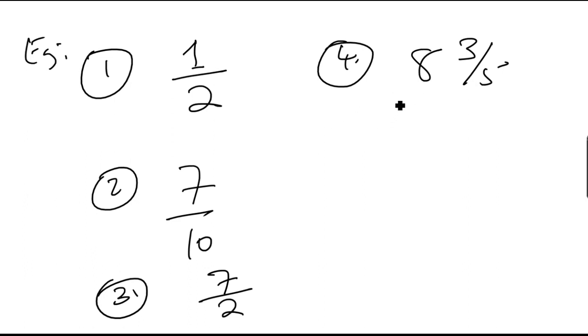It's also possible to have a fraction like this, but this one will be a whole number together with a fraction, so they have been mixed together. So these are the examples of fractions.